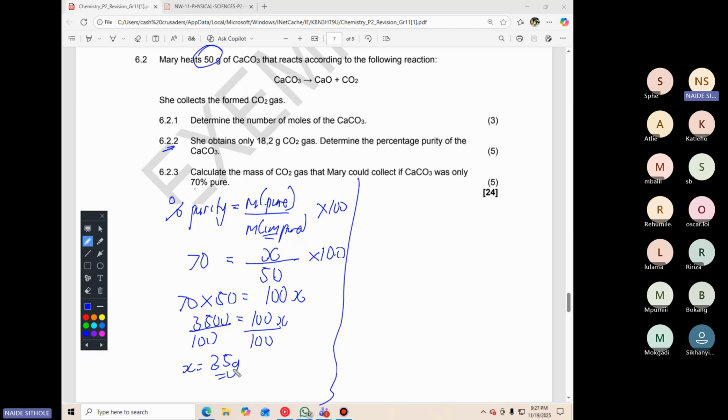Now with that 35 gram, also calculate the number of moles of the pure. So everything that we have done, we are now doing it in reverse. To calculate the number of moles of calcium carbonate pure, you're going to take that mass, multiply it by the molar mass. So 35 multiply it by molar mass is what? 100.